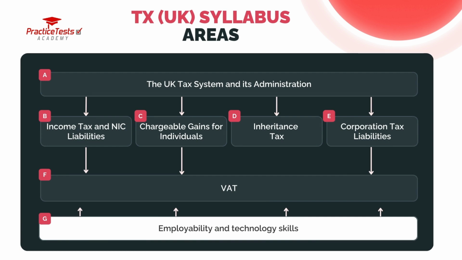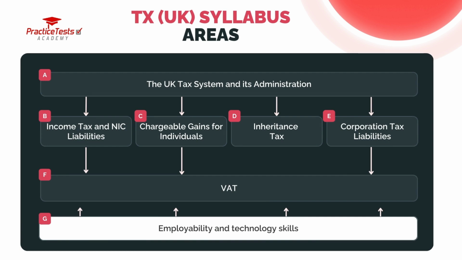Then comes Part B, income tax and NIC liabilities. This is a major focus of the exam. You learn how to calculate tax for employed and self-employed individuals, including property and investment income. It also includes national insurance contributions for both employees and the self-employed.